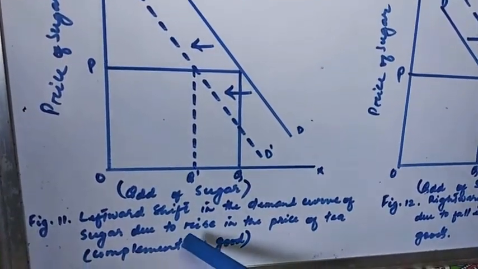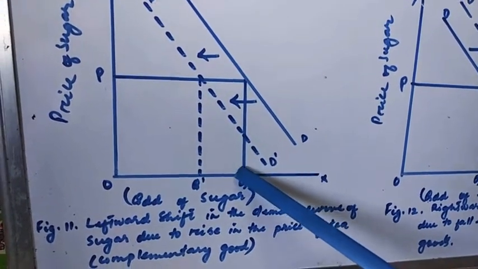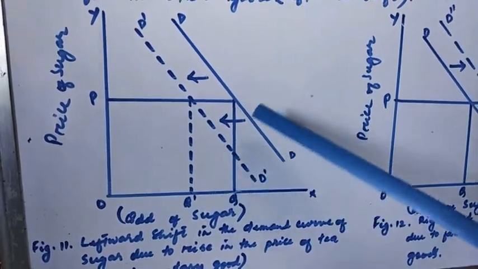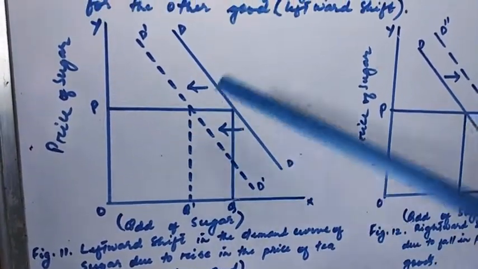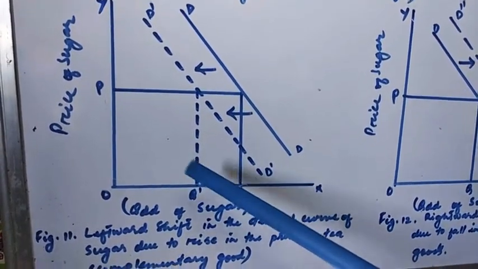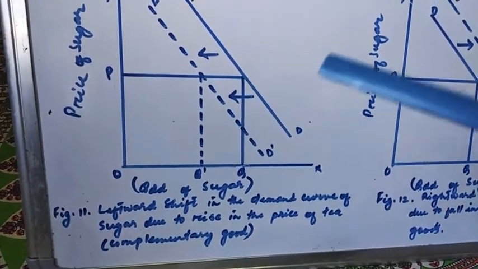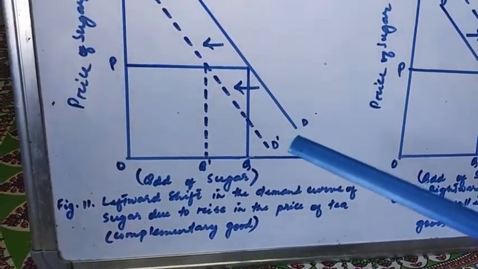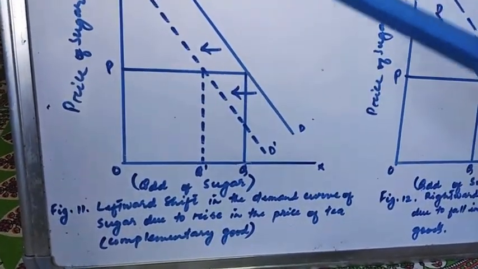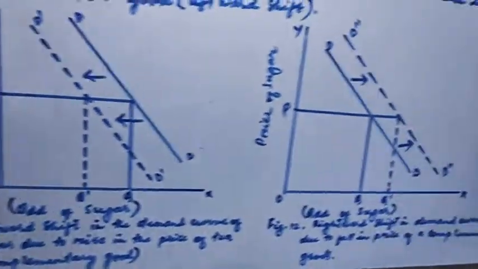Quantity demanded has reduced from OQ to OQ dash. So we have a leftward shift. Leftward shift means quantity demanded for sugar has reduced because there is a rise in the price of tea. That is the relationship between complementary goods.